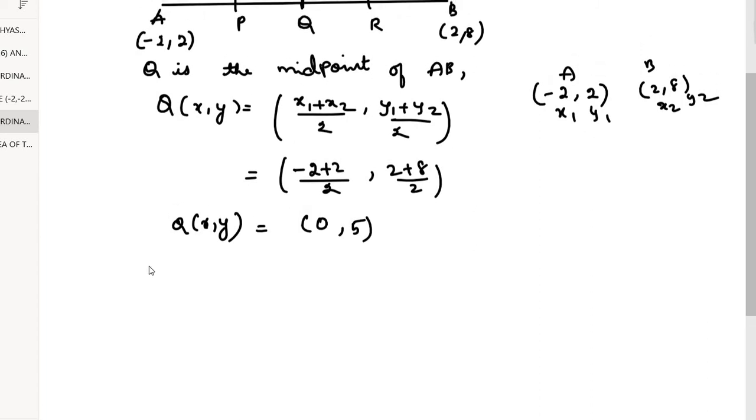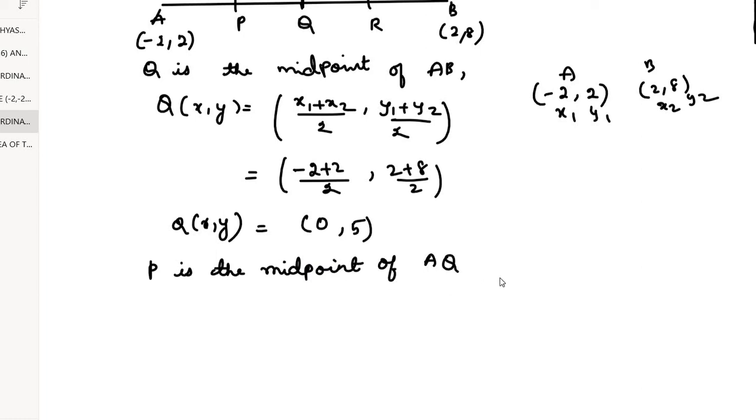Now I am supposed to find the point P, which means P is the midpoint of AQ. What are the coordinates of A and Q? A is minus 2 comma 2, Q is 0 comma 5. This is x1 y1, this is x2 y2.